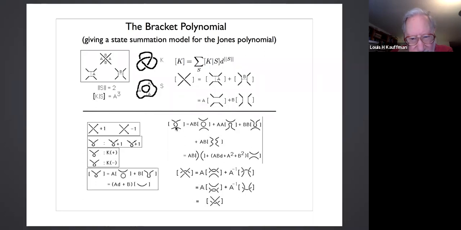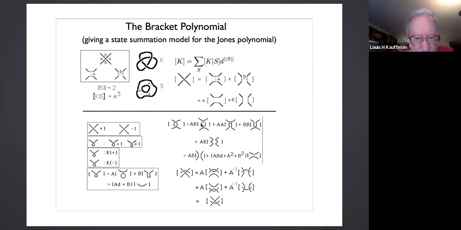I have a second Reidemeister move and all the different local smoothings of it. The state sum includes the smoothings that are both horizontal, where the upper one is an A but the lower one is a B, so it's multiplied by AB, and then the other variations of smoothing become A squared, B squared, and AB.